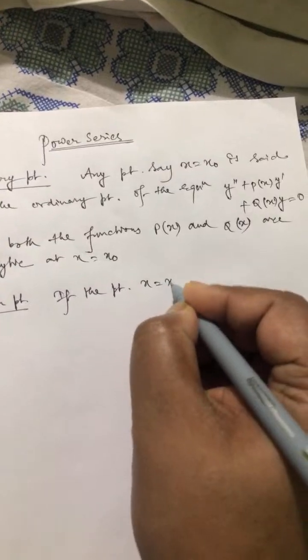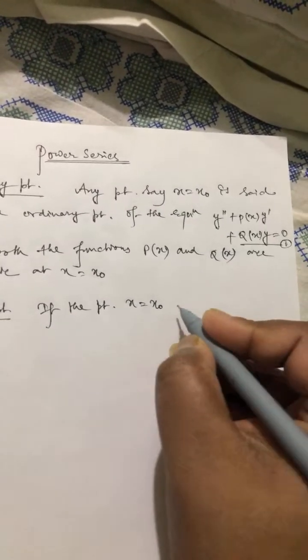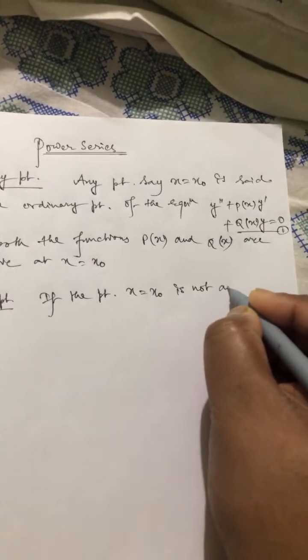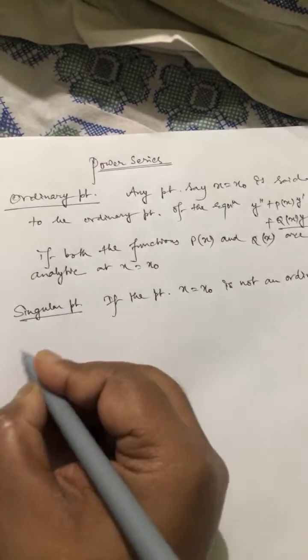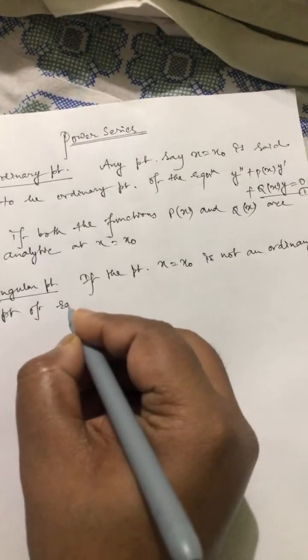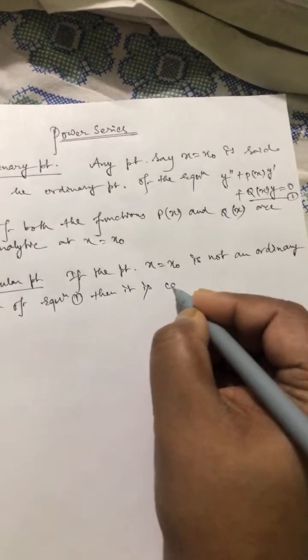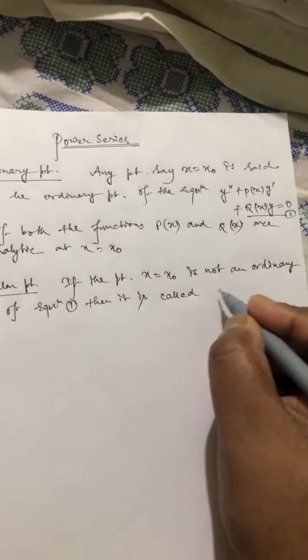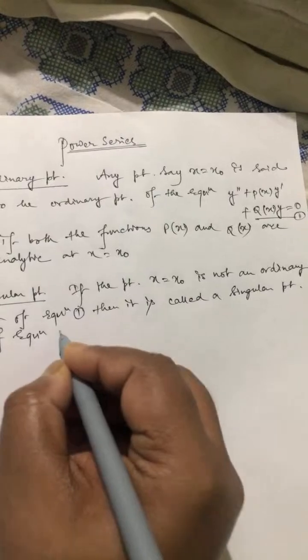if the point x equals to x naught, say this is equation 1, whatever I have written, say the point x equals to x naught is not an ordinary point of equation 1, then it is called a singular point of equation 1.